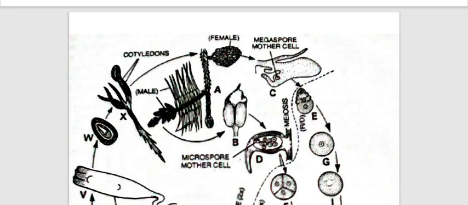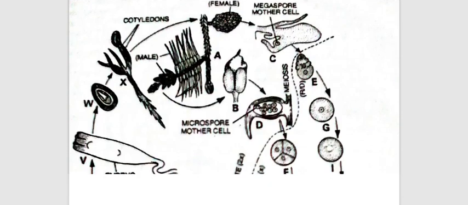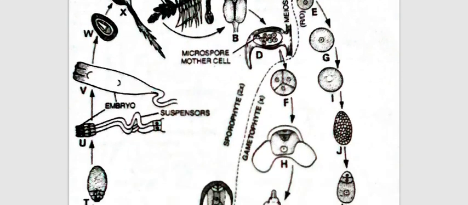While still present in the microsporangium, these microspores start to germinate, and at the 4-cell stage, these germinated microspores, which have wings, are known as pollen grains.